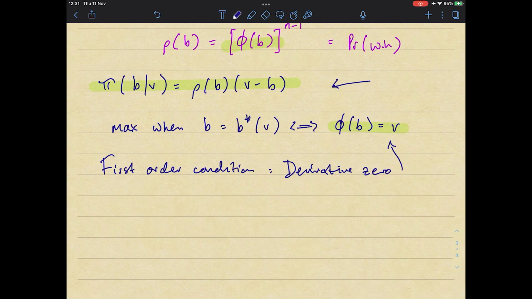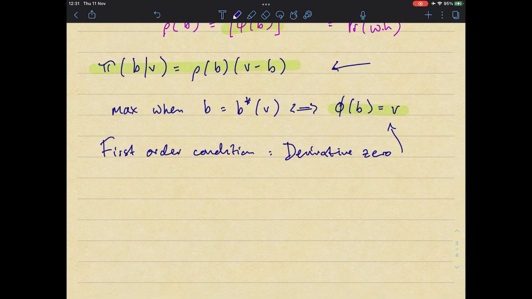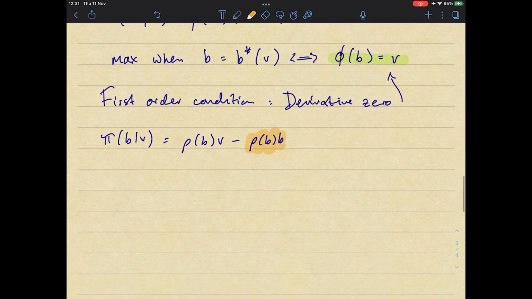Well, notice that this expected payoff function involves a product. So it's useful to just rewrite it, just to go through the rules of calculus we're using, as rho of b times v minus rho of b times b. Okay, and you can see here that we have a product of two functions of the bidding b.